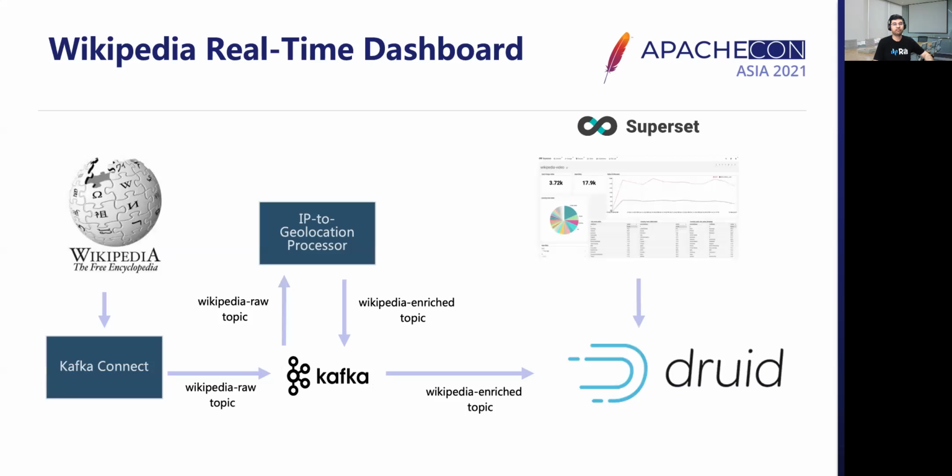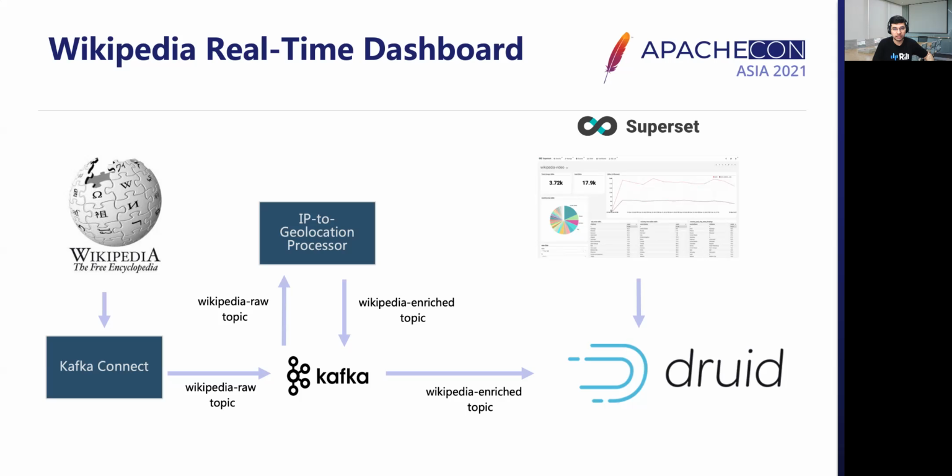Now, finally, in order to summarize the Wikipedia real-time dashboard example, the raw Wikipedia stream is captured using Kafka Connect and added to a Wikipedia raw topic. The Wikipedia raw topic is then consumed by a Kafka stream processor and enriched by adding the geolocation information of the user making the edit of each event.